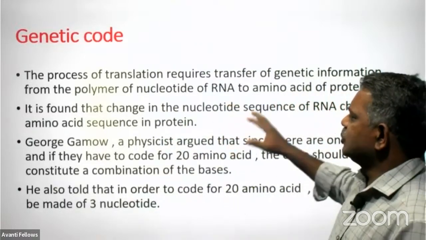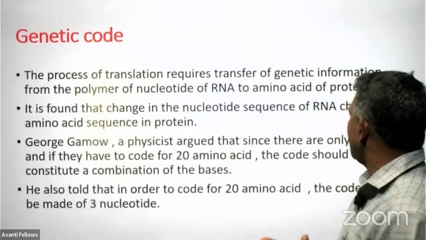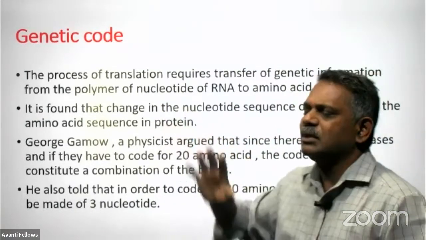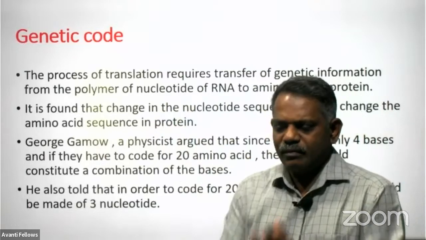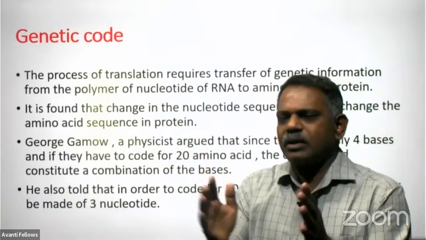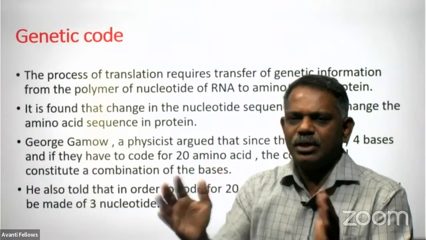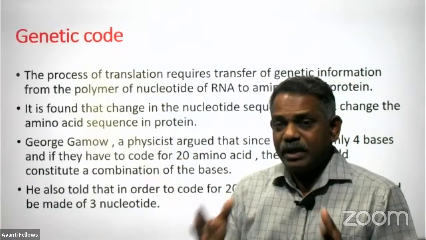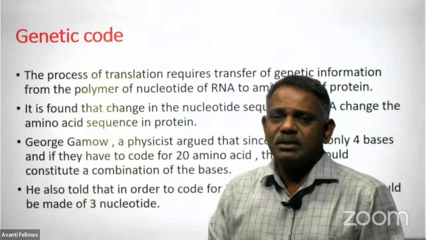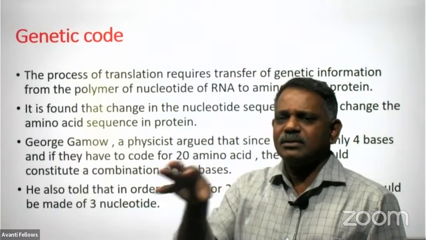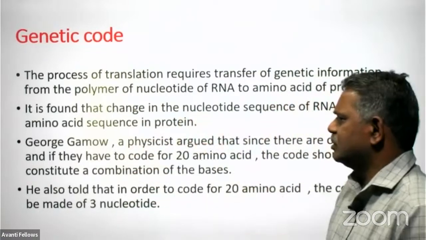It is found that change in the nucleotide sequence in the RNA change the amino acid sequence in the protein. If the sequence of the triplet codon or nitrogenous base is changed in the mRNA, based on that only protein will be synthesized. So naturally, amino acid sequence also will be changed.